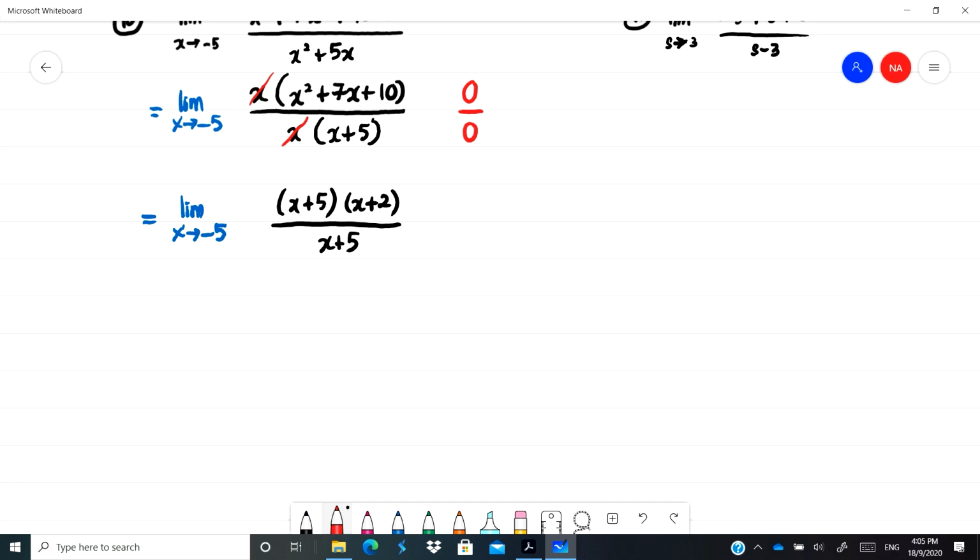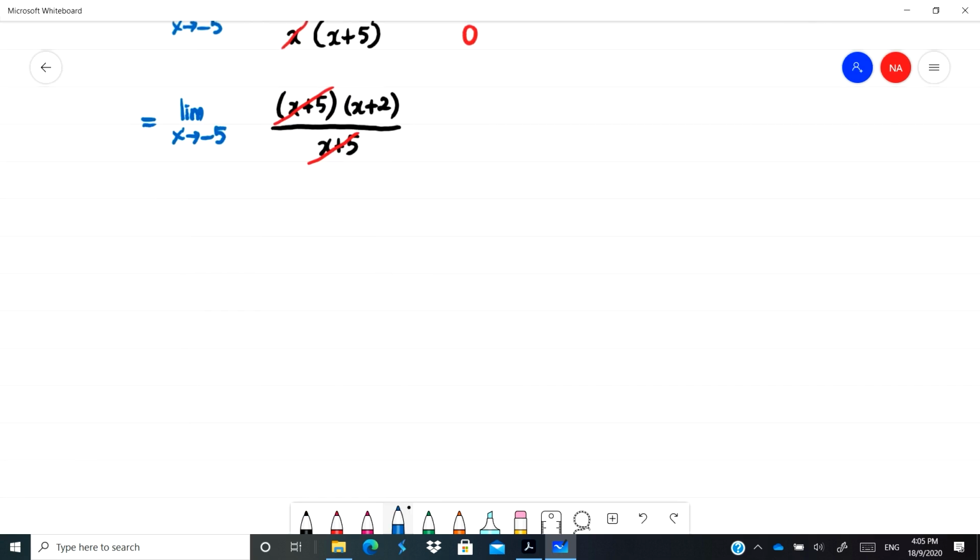Please take note that they are the same, so you can cancel them. In the next line, write the limit as x approaching negative 5, leaving only the term x plus 2. Now substitute the value of x with negative 5, so you have negative 5 plus 2, which is negative 3.